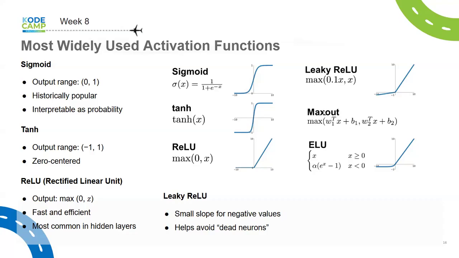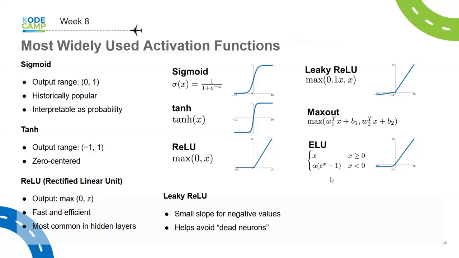Then you have a bunch of others. You have Maxout, you have ELU, you have CELU, you have GELU, and so on. ELU, the exponential linear unit, is a combination of ReLU and an attempt to bring some continuity at the point of 0. When the value is positive, you use the value of x.